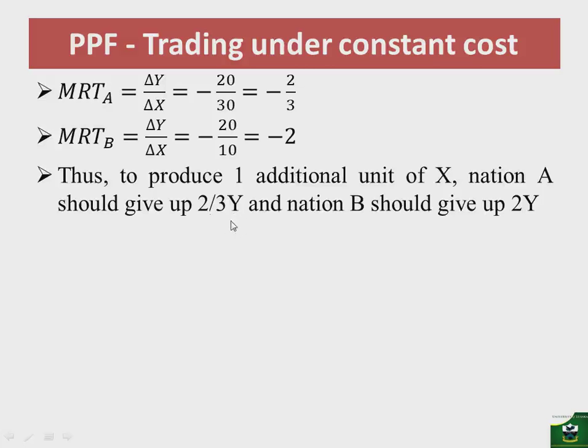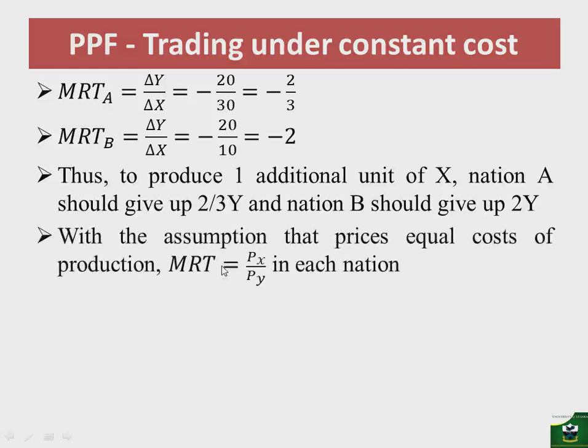So in this case, we are giving up commodity Y. It means we are going to measure the opportunity cost of this item in terms of what we are giving up, Y. So the opportunity cost of producing an additional unit of X for nation A is 2/3 of Y, and for nation B, it's 2Y.